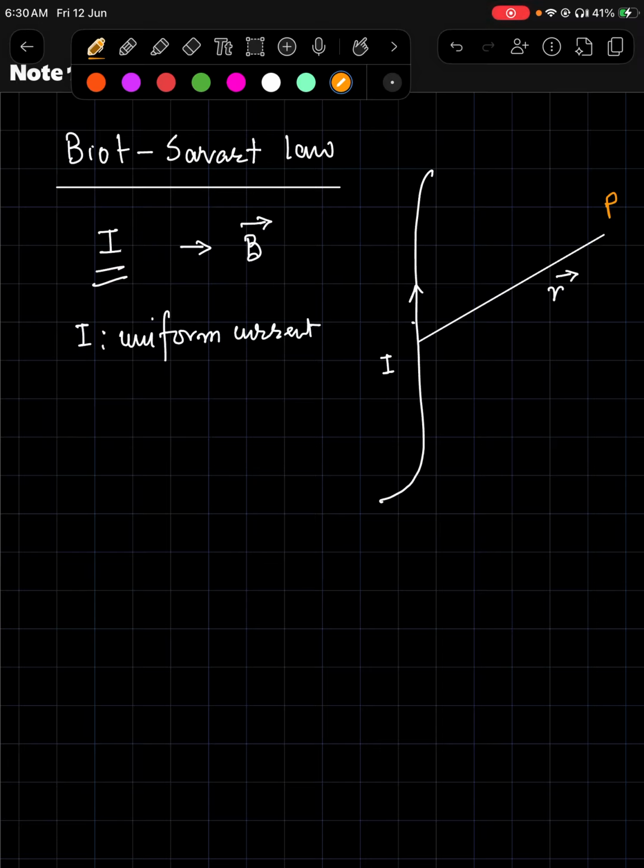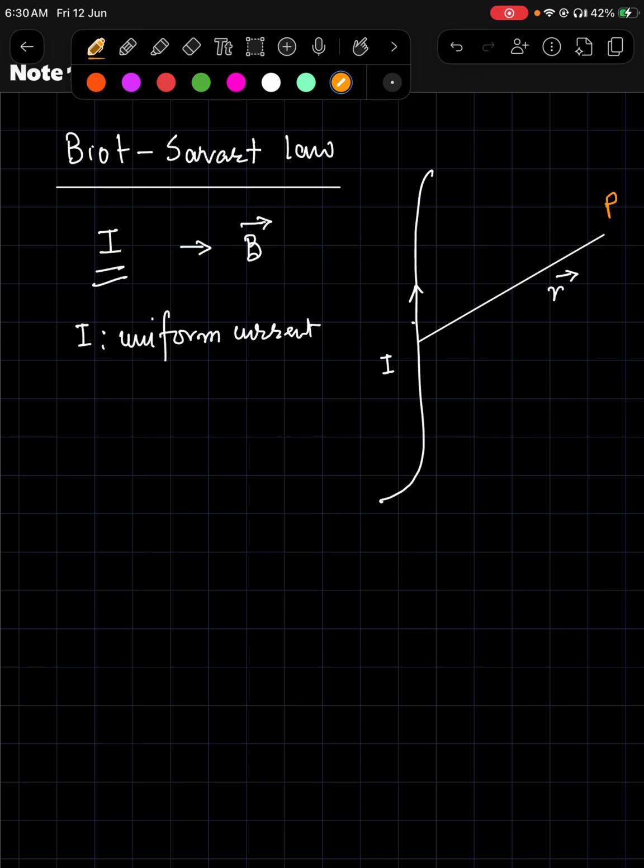Before describing the law, we are going to fix the direction first. The direction depends on where the current direction is. So this is the current direction, right?